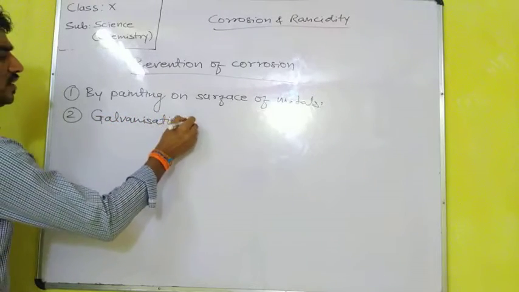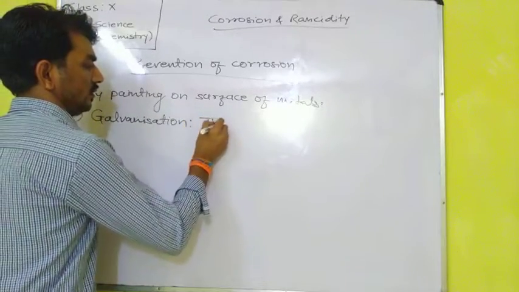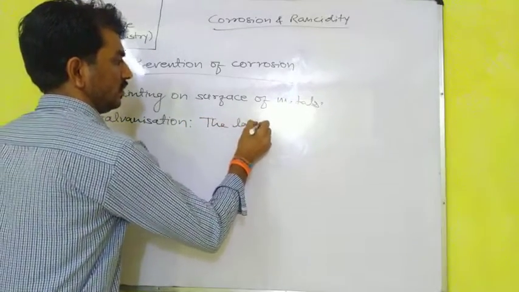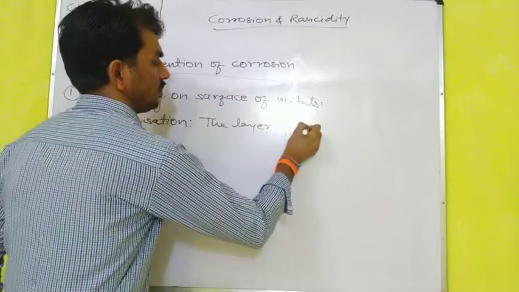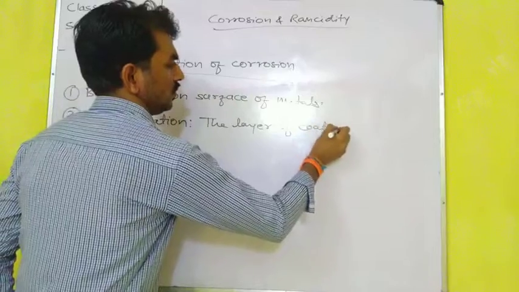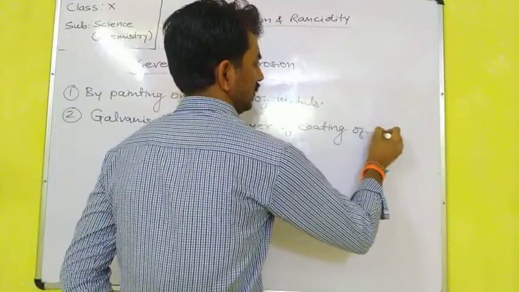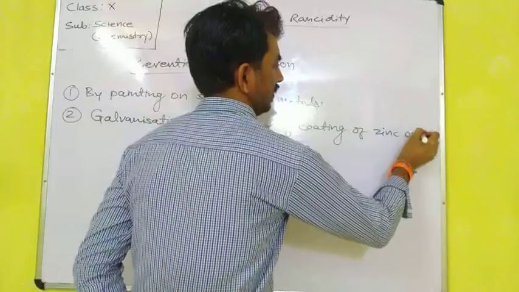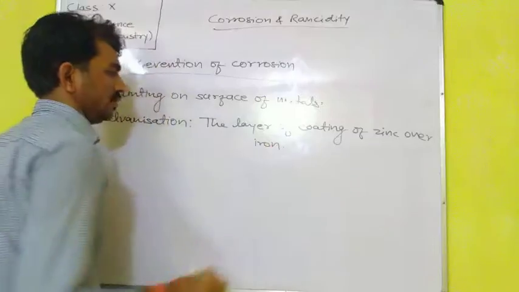What is galvanization? The coating of a thin layer of zinc over iron metal.